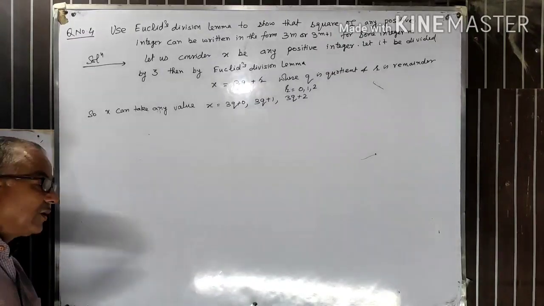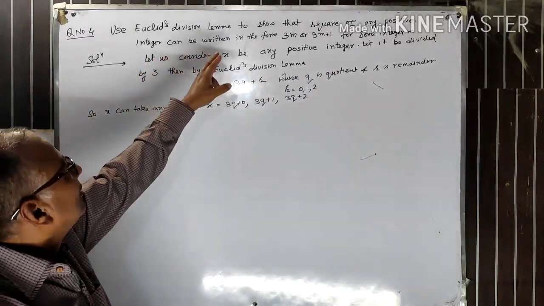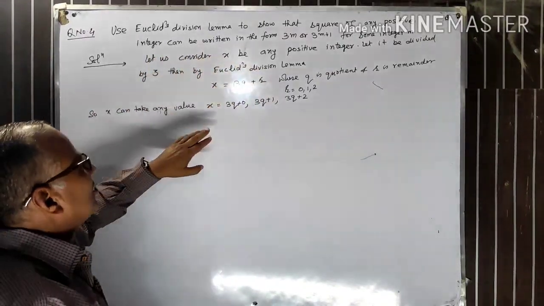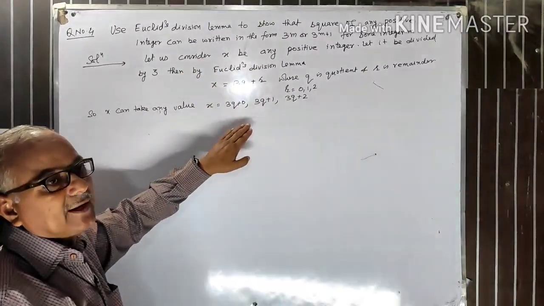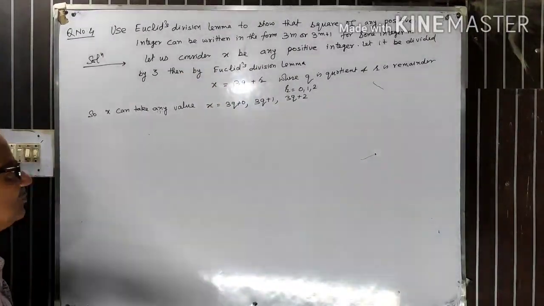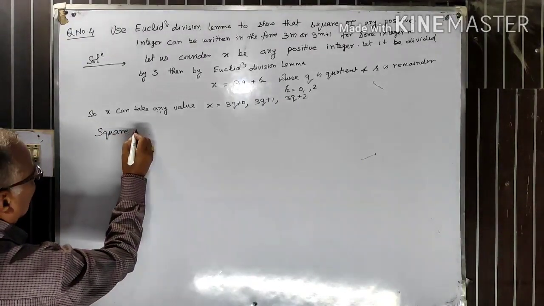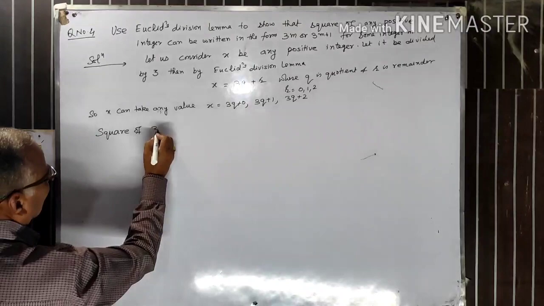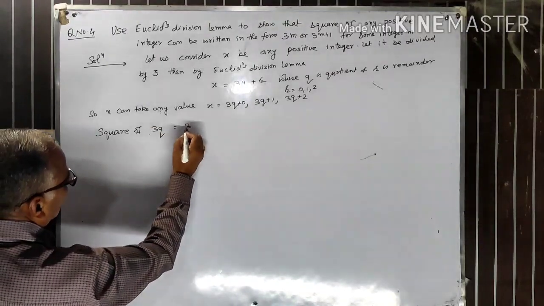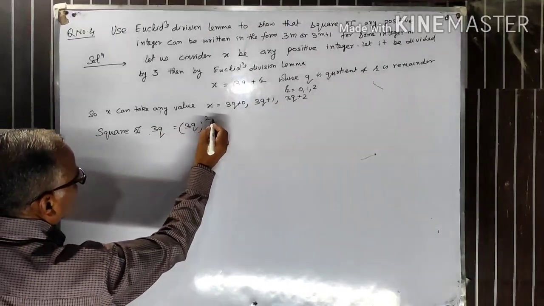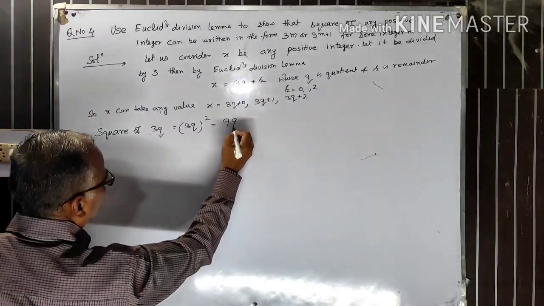Now what we have to do is show, by squaring them, the square of any positive integer. The square of 3q plus 0, meaning 3q, is 3q square, which is 9q square.